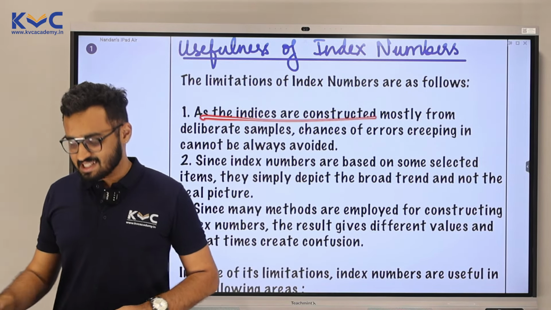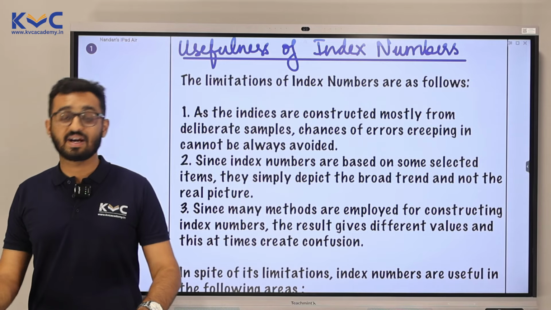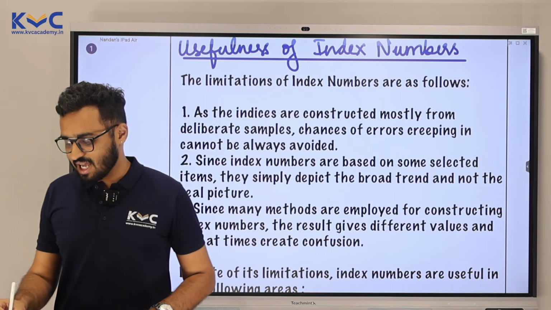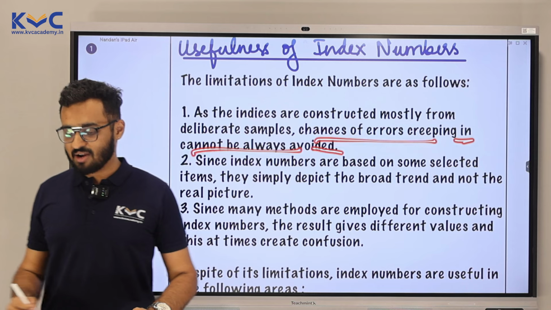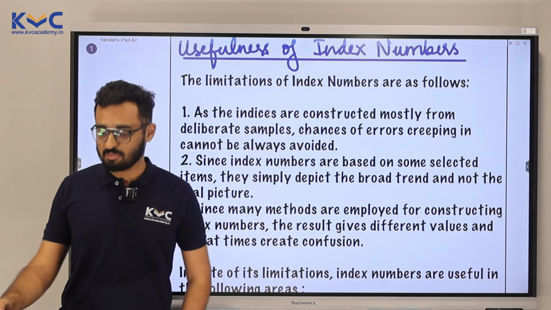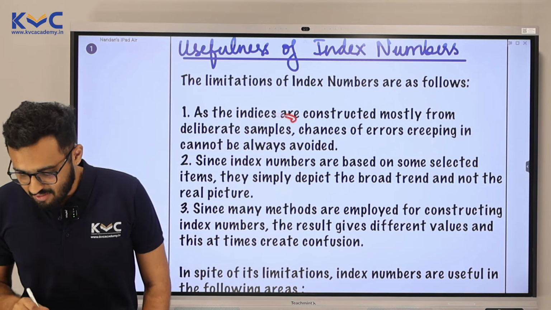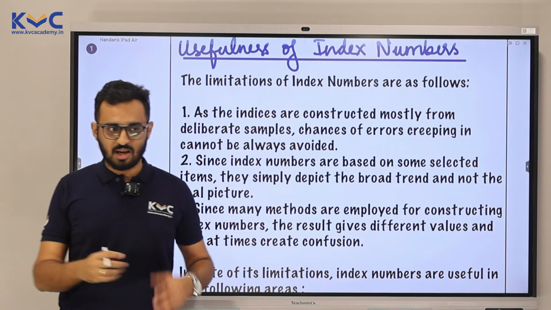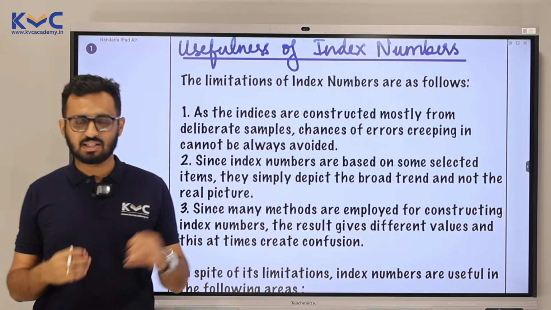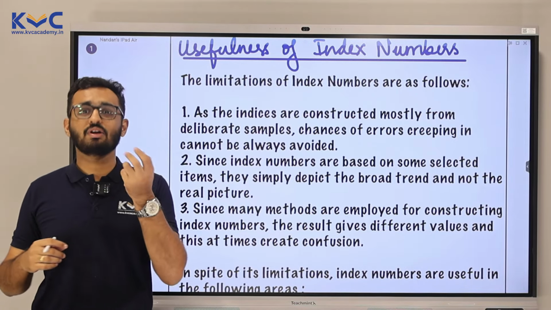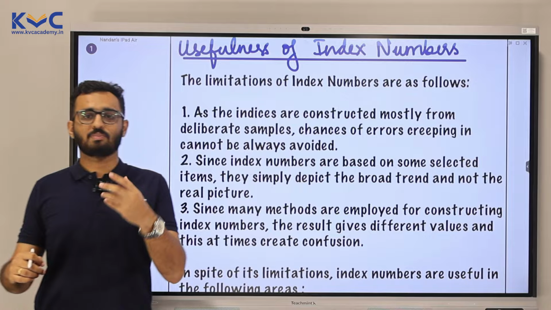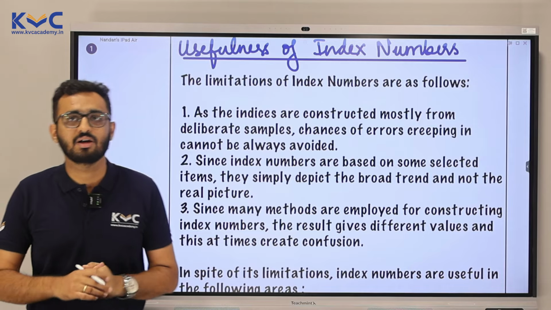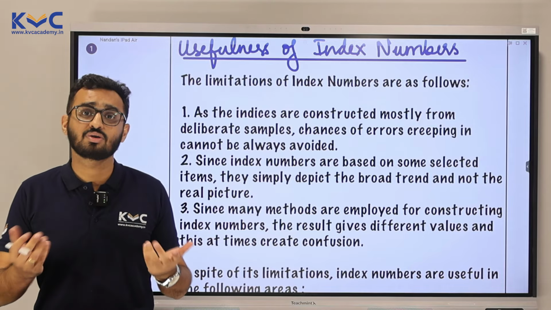First one: as the indices are constructed mostly from deliberate samples, chances of errors creeping in cannot always be avoided. That means we will take samples depending on our bias, right? Let's say we are calculating a price index, we'll pick those items which we feel are most relevant. For example, let's say you are calculating a price index for household items.